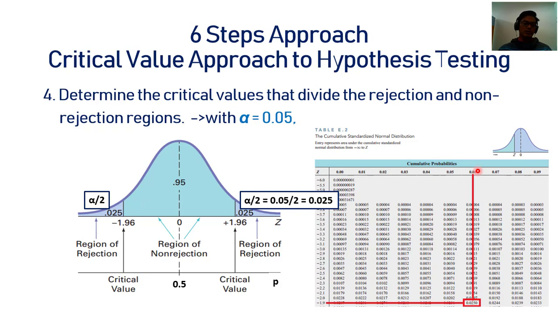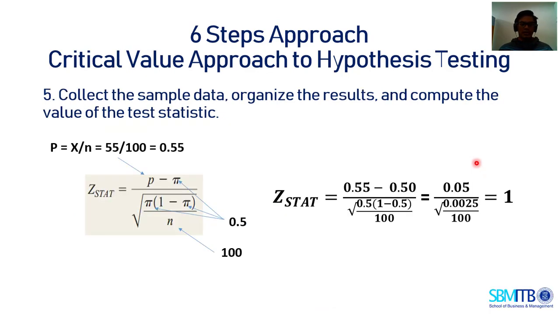Then, going to the fifth step, we compute the value of the test statistics of the sample by using the previously stated z-statistics of proportion. Here we enter the value of sample's proportion p, and then we also enter the value of the population's hypothesized value of pi.